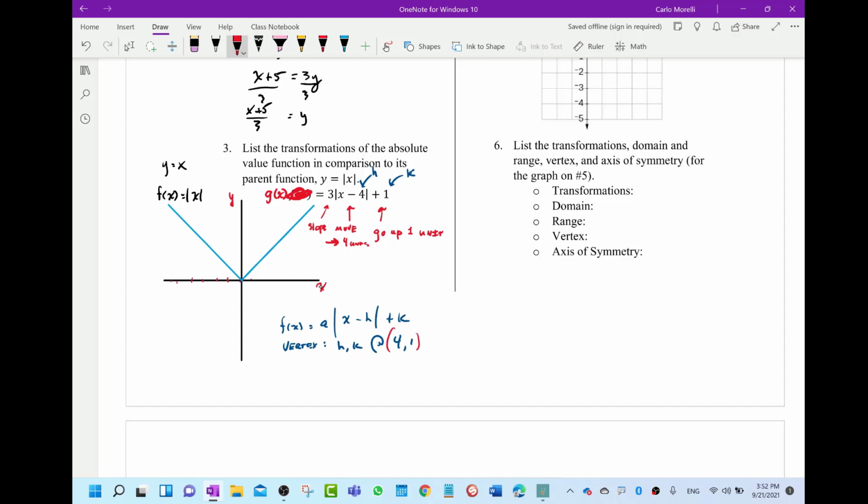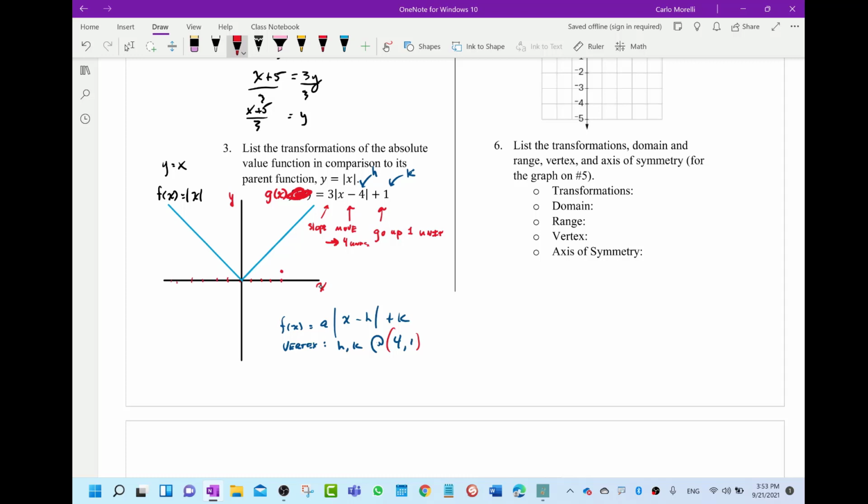So 1, 2, 3, 4, up 1. So there's the vertex of the absolute value. And now we have to figure out what else happened. So you see I moved over 4, which is to the right. This negative symbol always confuses people. And then I went up 1. So that's like the bottom, right?